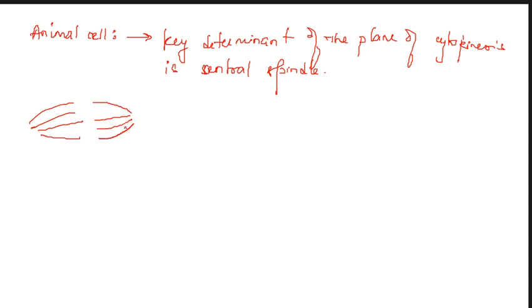These spindle fibers are part of the spindle apparatus, and they help in chromosomal segregation, moving the chromosomes to two opposite poles, during both mitotic and meiotic cell divisions. Now these spindle fibers are of three types.